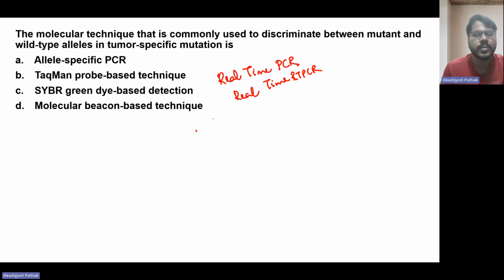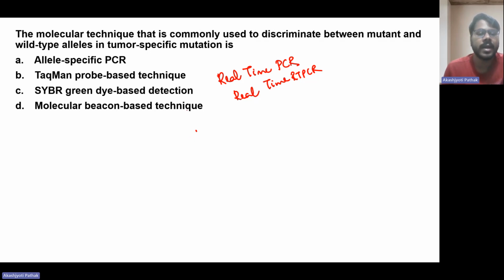The quencher moves away from the fluorophore, and when you excite it with a particular wavelength of light, it emits light in the visible range, and you can detect its signal.